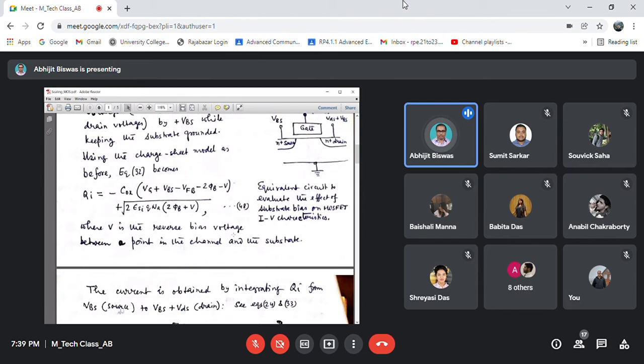Here V is the additional voltage. It is the reverse bias between a point in the channel and the substrate. V is assumed to be positive when it creates a reverse bias to the channel-substrate diode. I already explained this earlier.